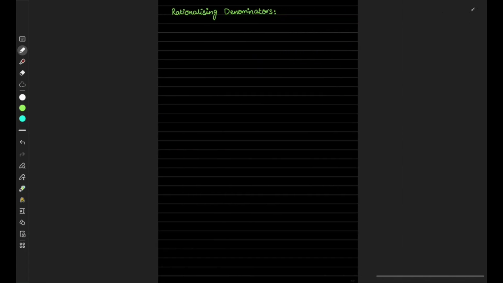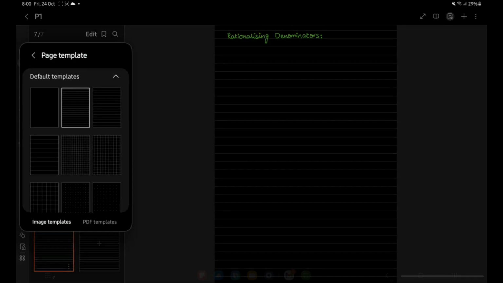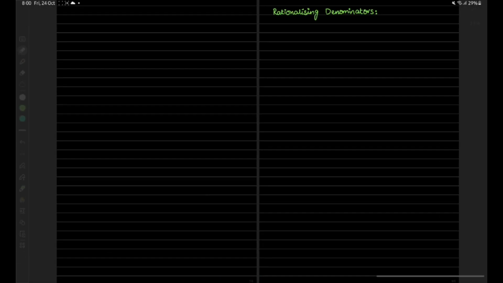How to manipulate surds means whenever you have a surd in your question, how to simplify it. How can we manipulate surds?